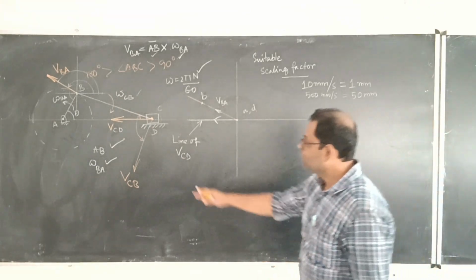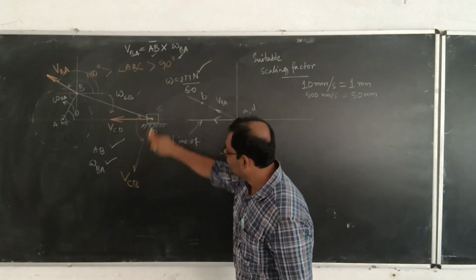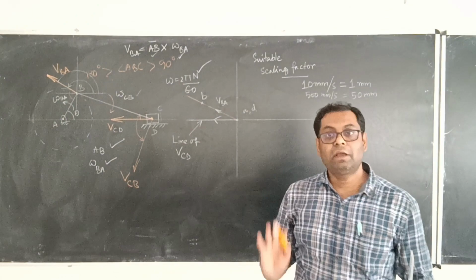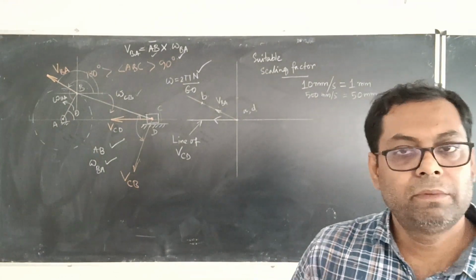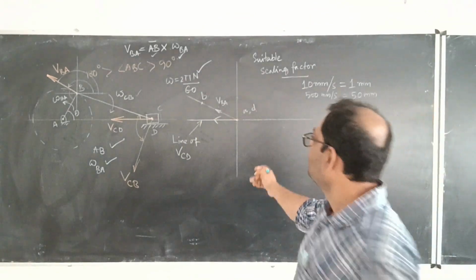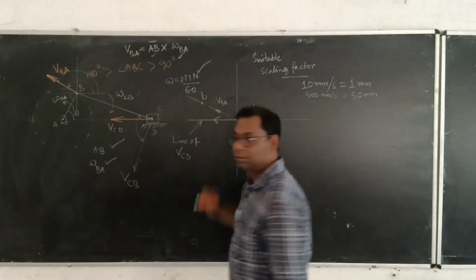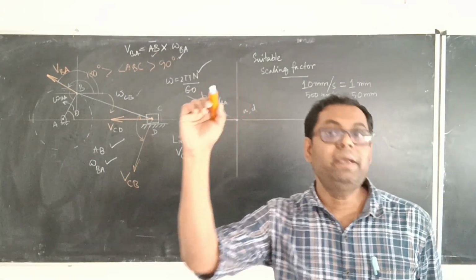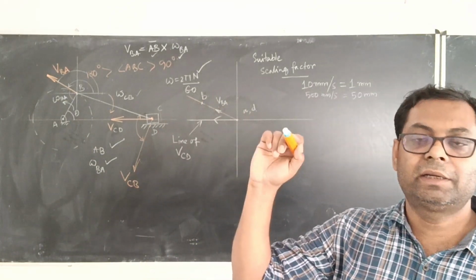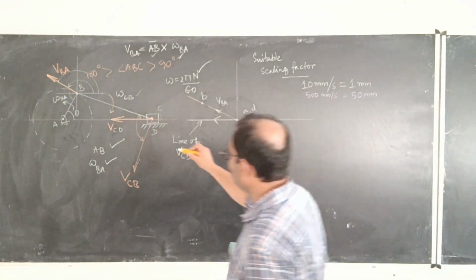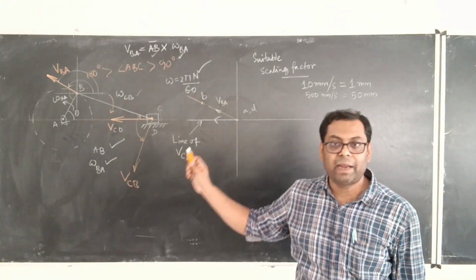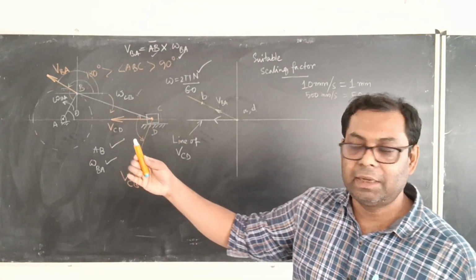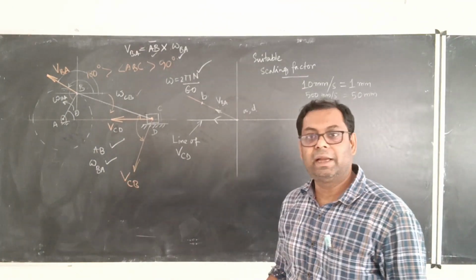Now next, that is velocity of C with reference to B. So where is B in the velocity diagram? The point B is over here. Okay. So from point B, there must be one vector which will be acting in this particular direction, downward, slightly left-hand side, something like that.